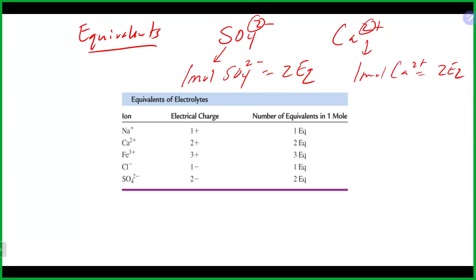So a lot of times we may convert from molarity like we did last time, moles per liter, into something like equivalents per liter or milliequivalents per liter, which is commonly used sometimes for electrolytes.